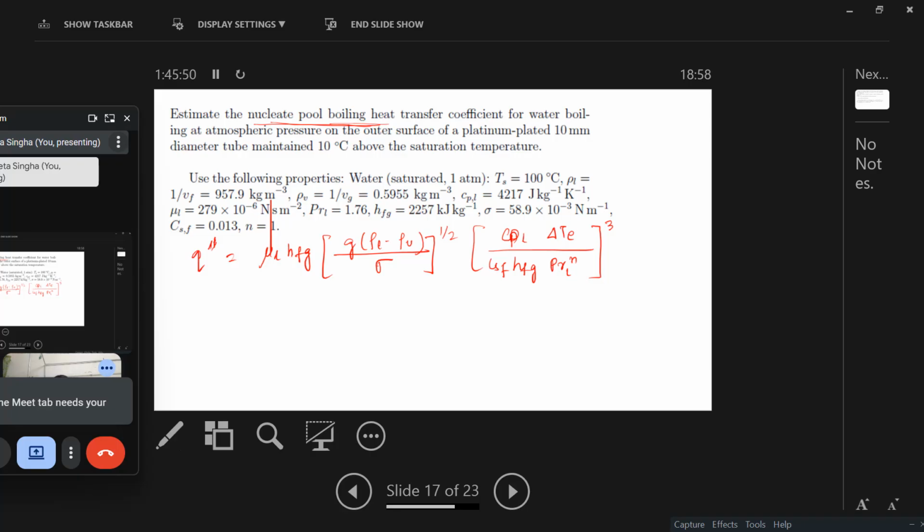Let me just check it. Yes, so this was the equation, the Rohsenow correlation.